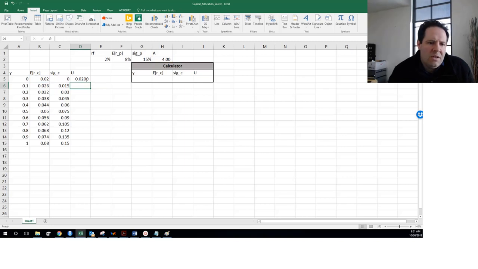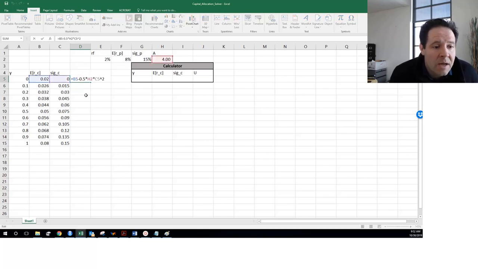Remember, this utility function gives us the certainty equivalent return, and so for a certain bundle, like this risk-free asset that we're evaluating here, the certainty equivalent return should be exactly the same as what we had there. Now, when I drag this down, I want the expected return to come along with me.